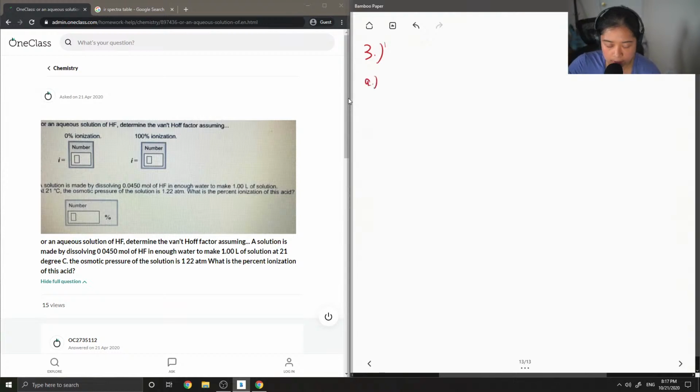So for A, when ionization is 0%, then i is equal to 1. So there's 1 species in solution.